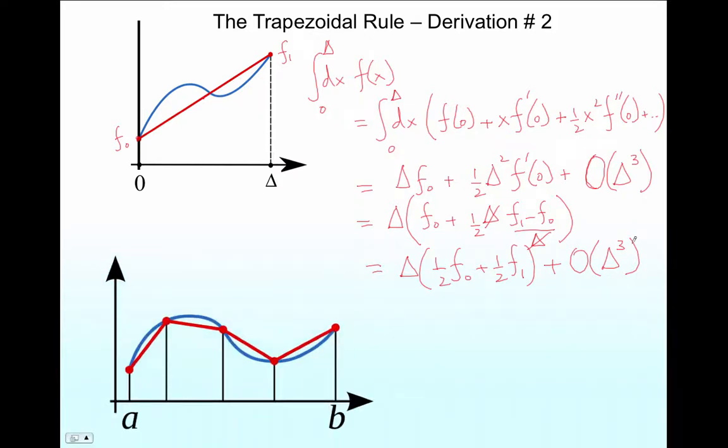As before, we could take this and then we'd again get the rule that the area under the blue curve is approximately the following. There's half f naught and then f1 and then f2 and then f3, and you keep going until you reach the last one where you put fn. In this case, n is 4. And so that's our second derivation.